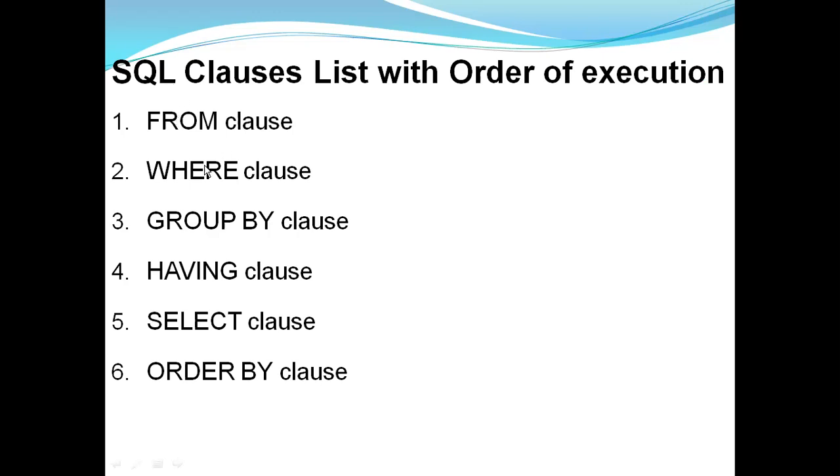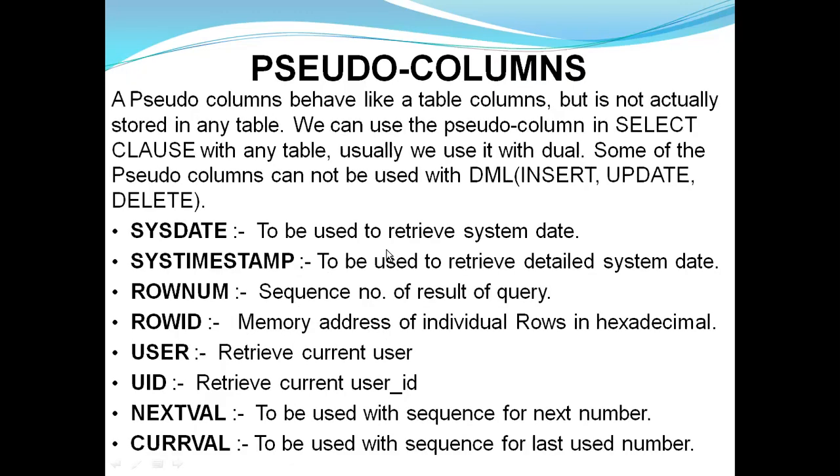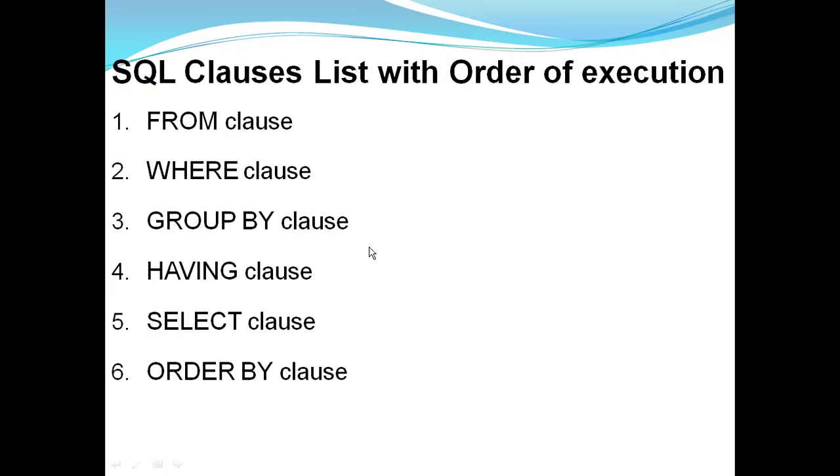From, where, group by, having, select, and order by. So how will you remember this? Only one change. Select has moved from first to fifth. That's it. No other changes are here. Simple. I hope you understood this is the order in which a query gets executed.